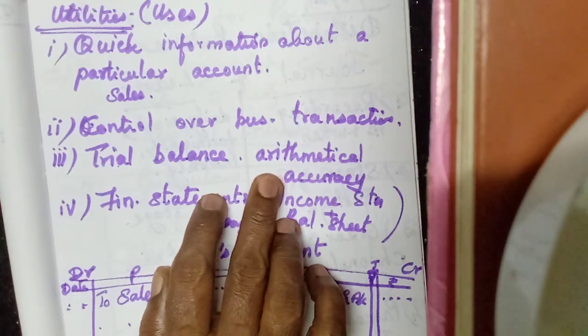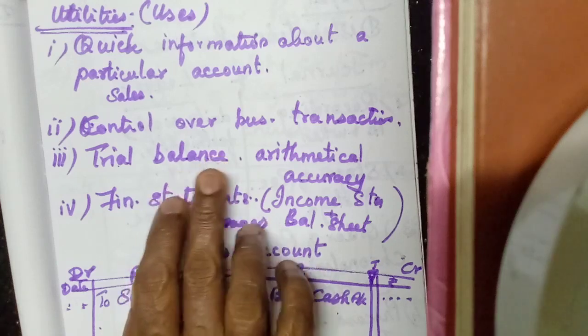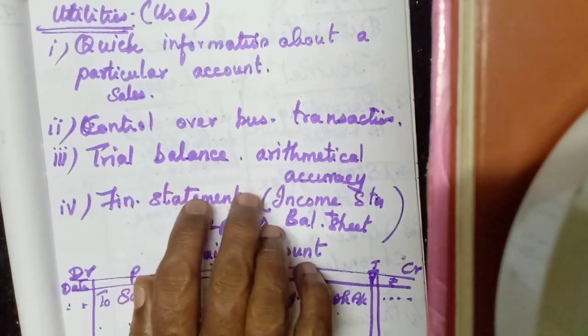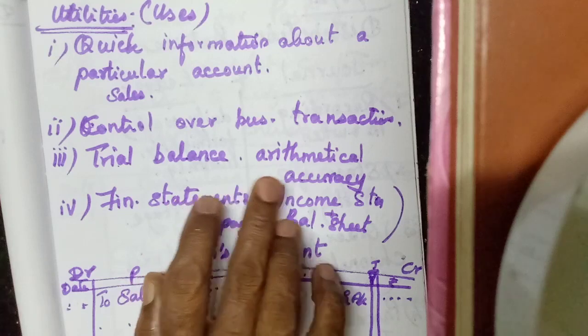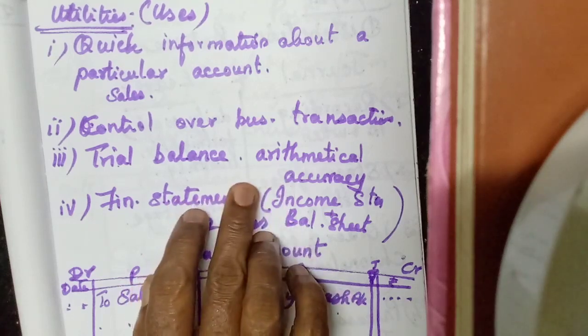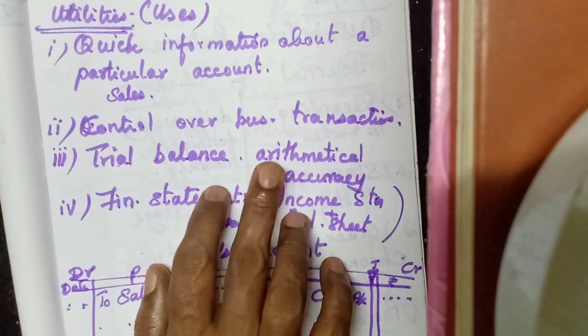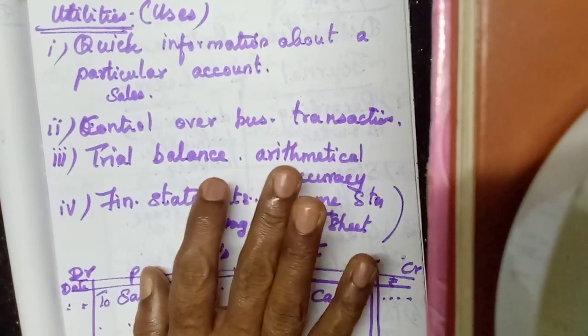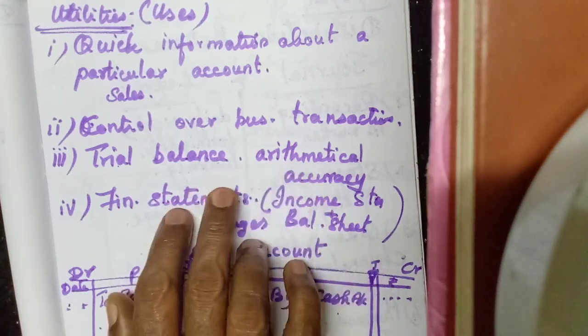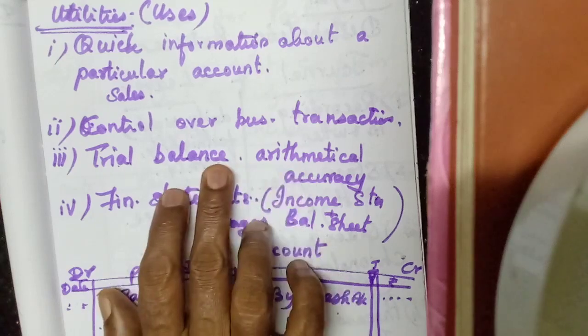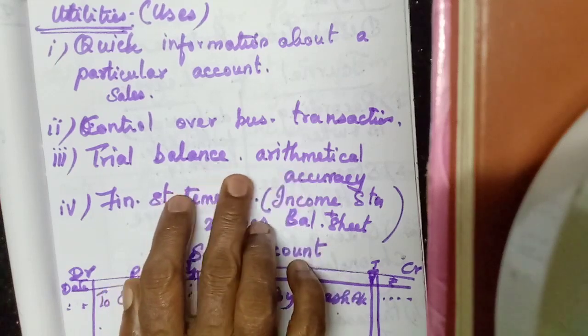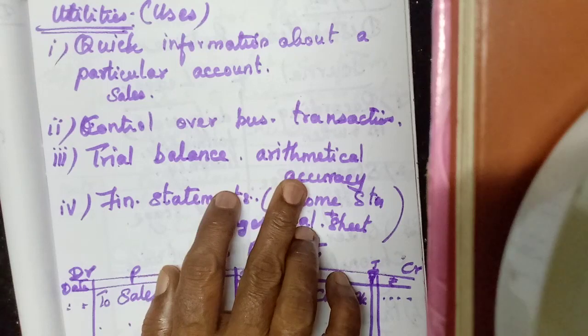So once we add this ledger balance, trial balance total column, if it gets tallied, then we can conclude that the arithmetical calculations are accurate. Okay, it's correct, we can conclude. From the trial balance we can check the arithmetical accuracy of the journal entries.